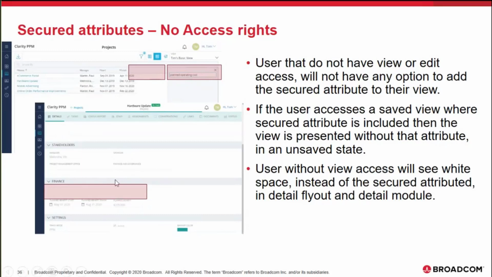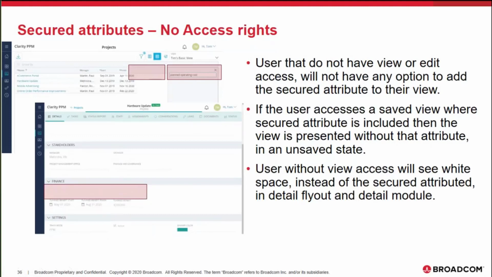If I go inside the details, then I will see a blank space where that secured attribute was. So as you can see in this example, I have a blank space right here indicating that the attribute is completely removed and I cannot see it.